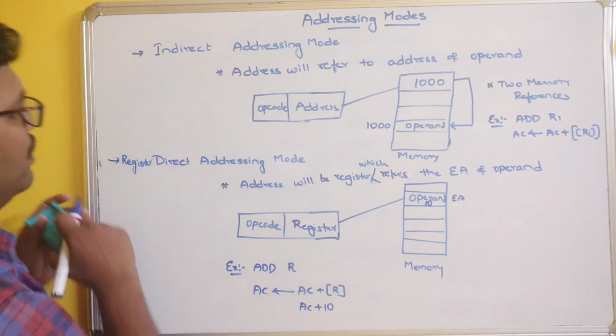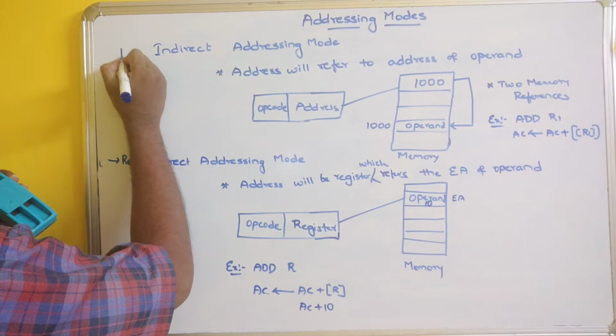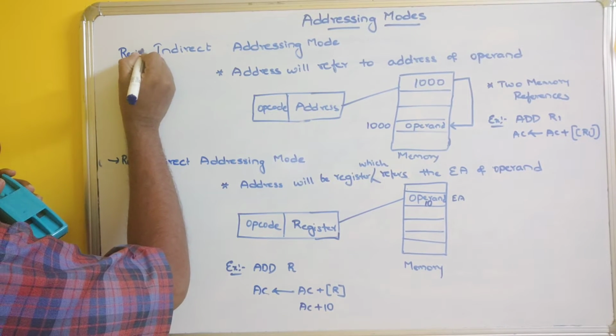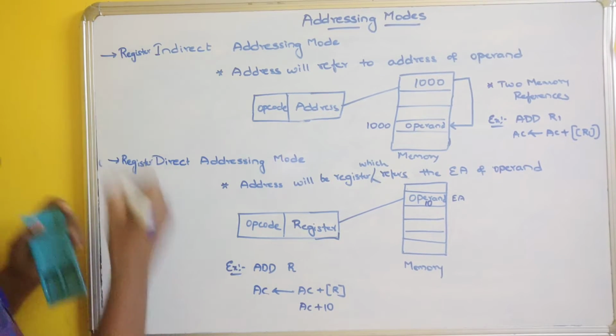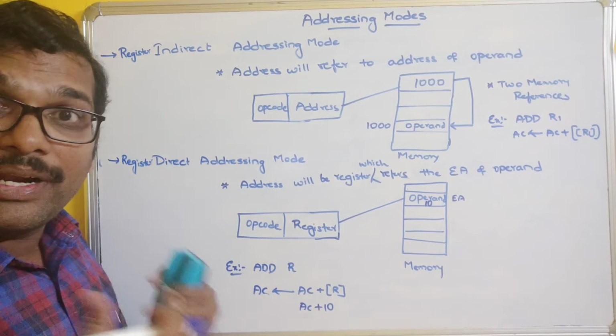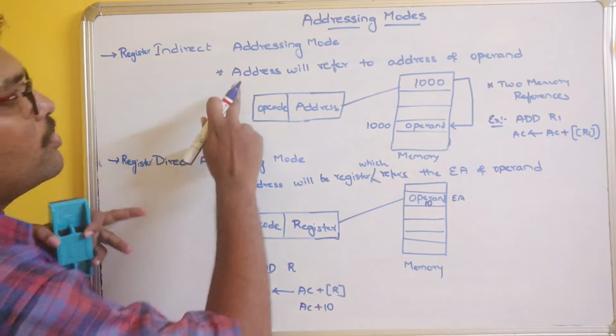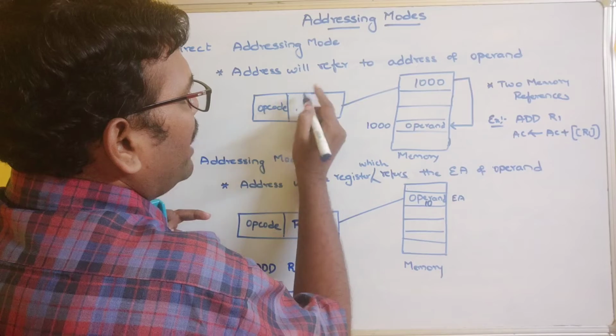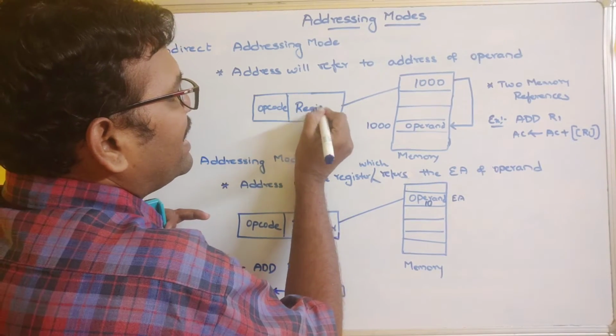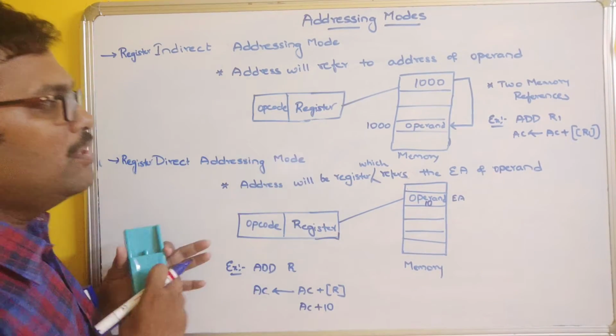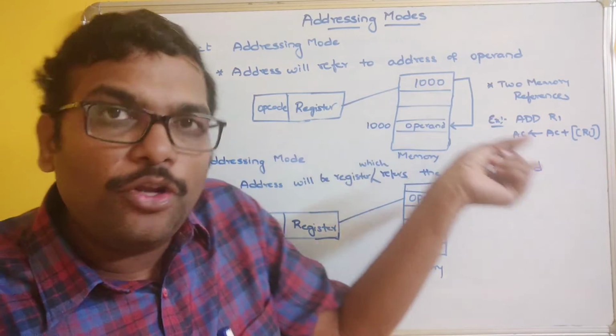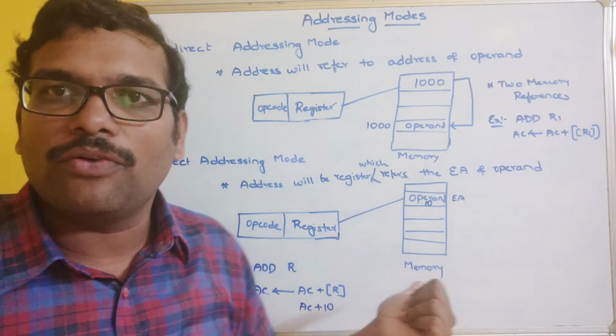And the same thing, the next one is register indirect. In this register indirect, also instead of address we will be having some register. The register will be pointing towards the effective address of the operand.